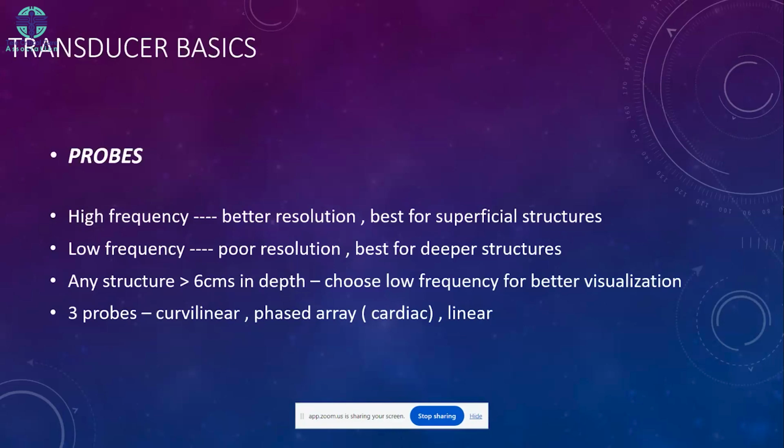While the probe which has a low frequency will give you a poor resolution, but it can travel further down into the tissues. Hence it is best for deep structure visualization. Any structure which is more than 6 centimeters in depth, you always choose a low frequency probe to have a better visualization. And there are 3 types of probes: curvilinear, phased array or a cardiac probe, and a linear probe.